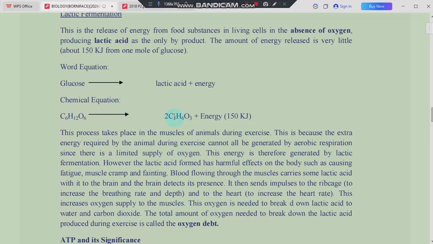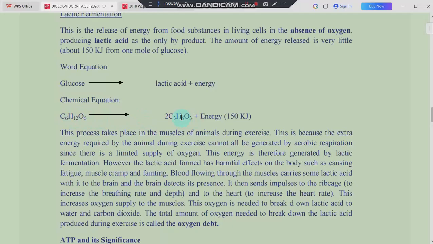The simplest way of knowing the product here is to divide the numbers for glucose by 2. When you divide 6 by 2, you have 3, meaning C will have 3. When you divide 12 by 2, you have 6 for H. When you divide 6 by 2, you have 3 for O. So that is going to be your lactic acid.